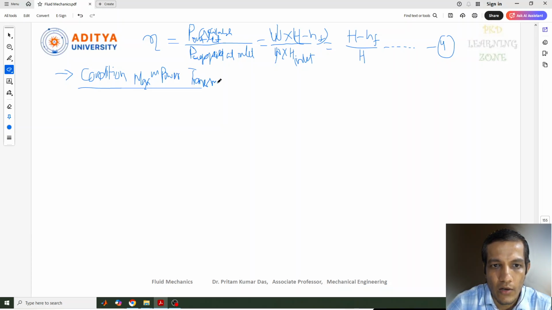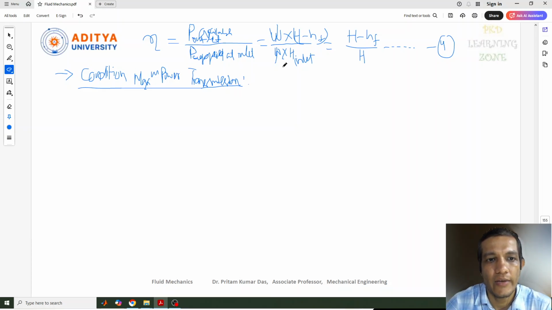This is one of the conditions, or we can say how much power we got and at what optimum condition we can get the maximum power transmission. For this we need to consider the previous equation, equation 3, and we can find the maximum by differentiating the power equation.